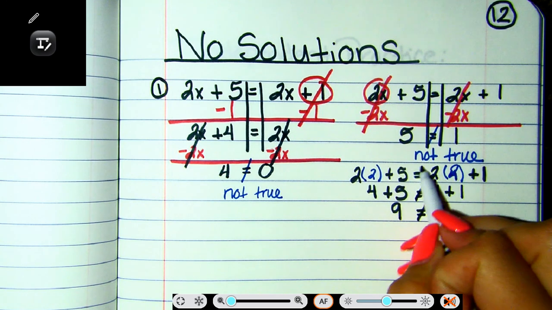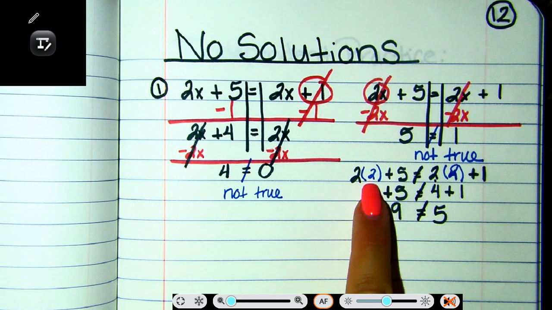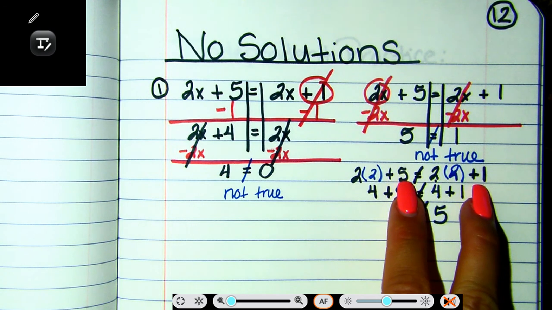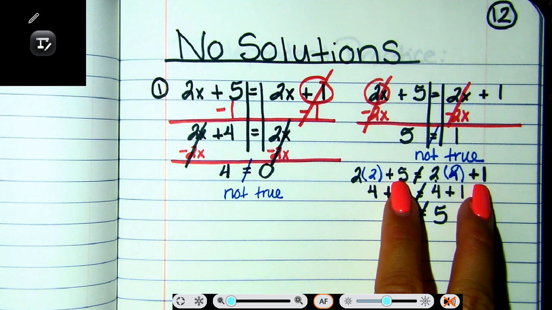These equations are not equal to each other no matter what number you plug in, because this part right here is different. 2x plus 5 is totally different than 2x plus 1.